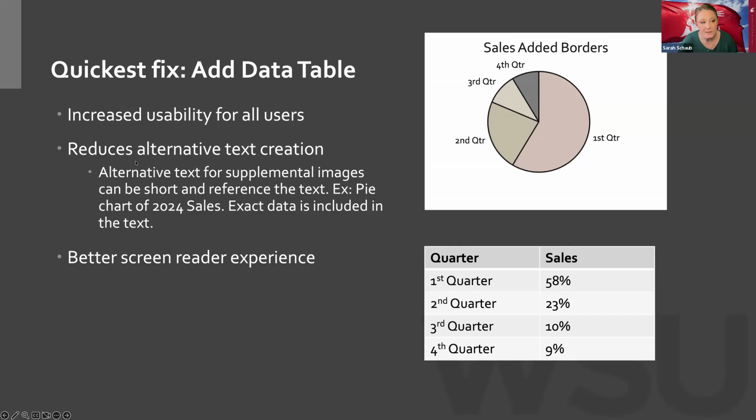It increases the usability for all users, reduces alternative text creation for supplemental images. And then you can just create a short reference. For example, you can say pie chart of 2024 sales, exact data is included in the text. That would satisfy the requirement.